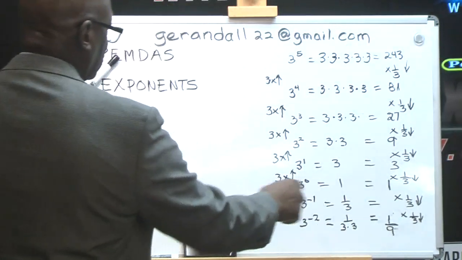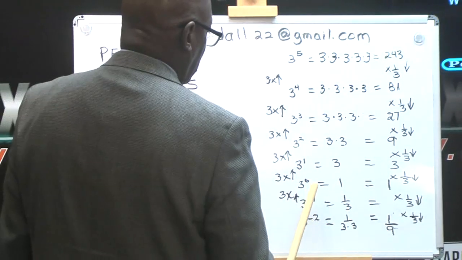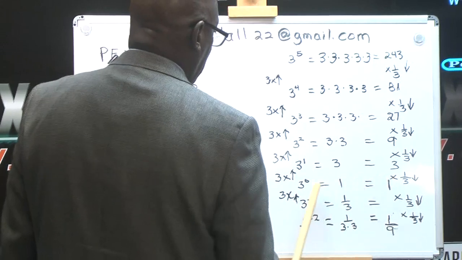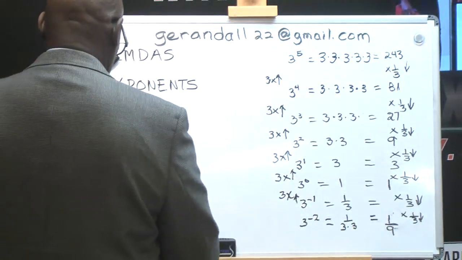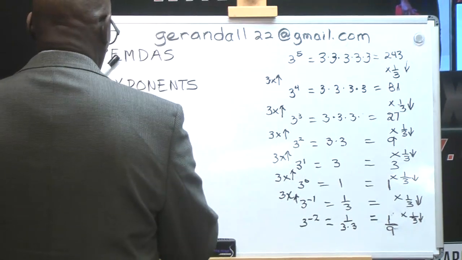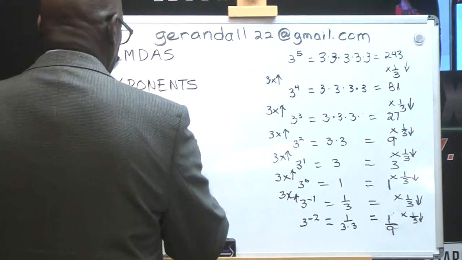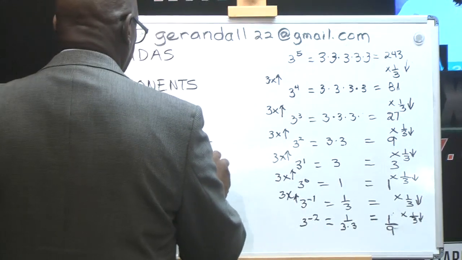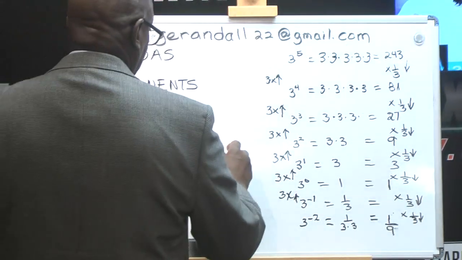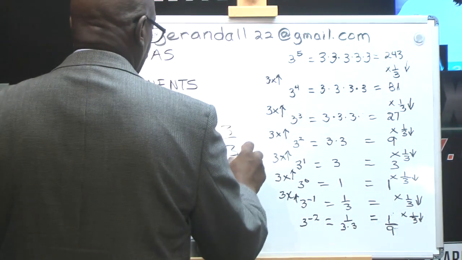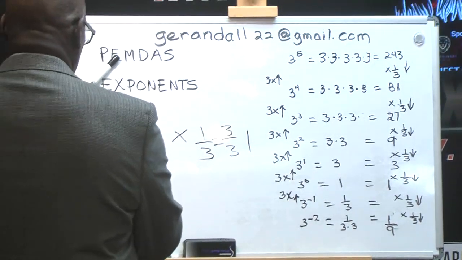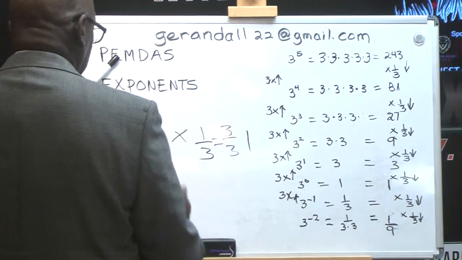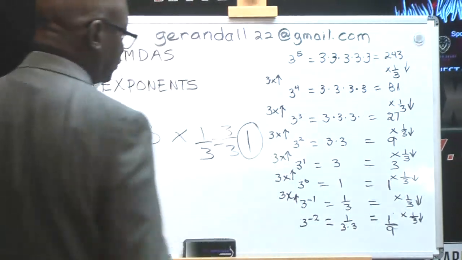And of course, when we go to 3 to the 0 power, it says 3 times 1/3. And that's 3 over 3, which equals 1. And that's why we say 3 to the 0 power equals 1.